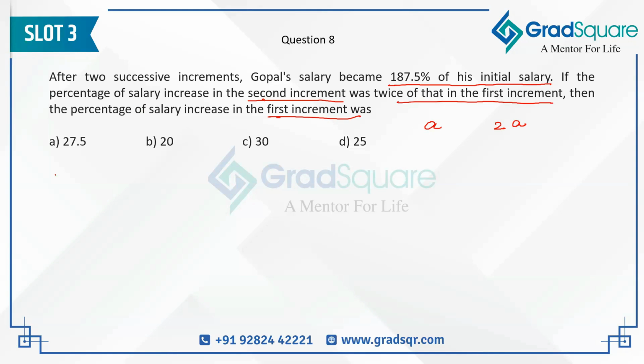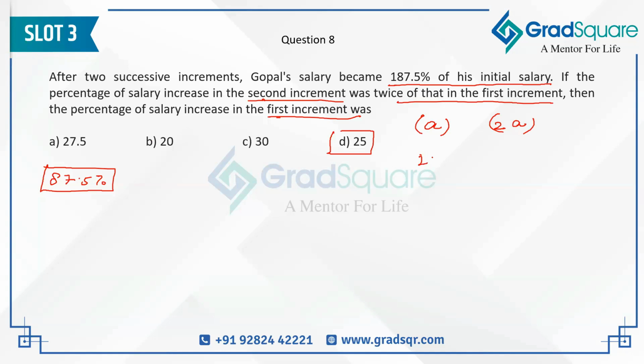Now, your net increase should turn out to be 87.5 percentage because the value becomes 187.5 percentage. If you look at the options just for a second, you would realize that the correct answer will turn out to be 25. Let's say we take 20. It is a successive percentage change of A and 2A, correct?